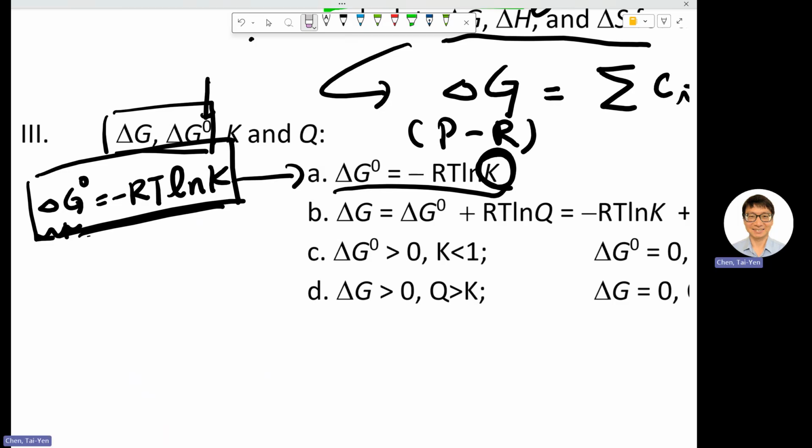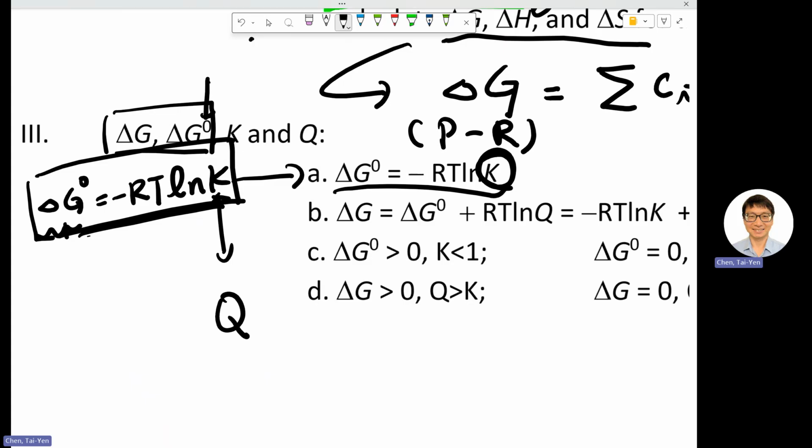Previously there was a concept we mentioned. It's called the reaction quotient Q. So the difference between K and Q is that K is the system at equilibrium, while Q is the system at any different state other than equilibrium. So how do you write the energy, the delta G, for the states that are not at equilibrium?